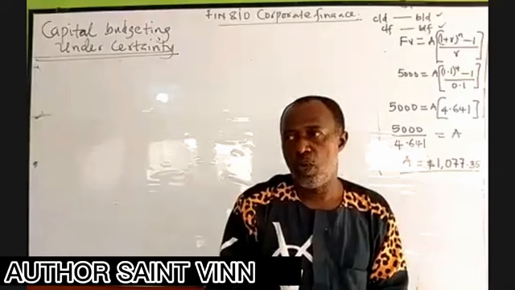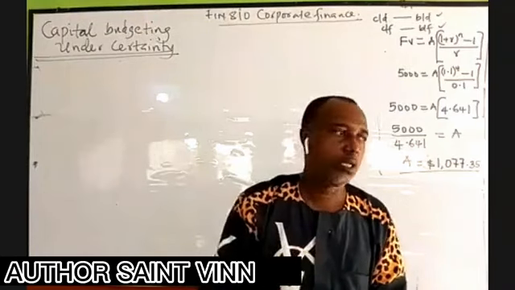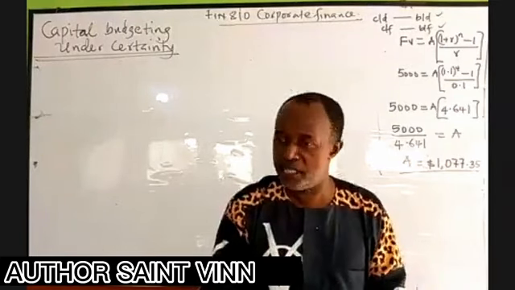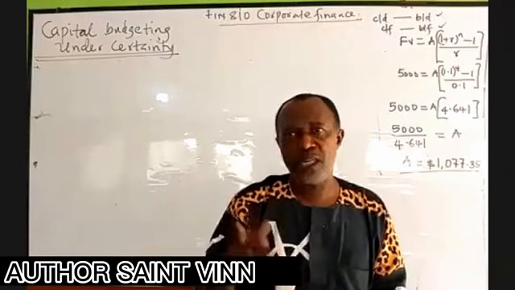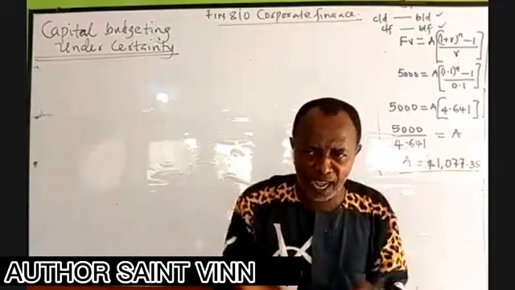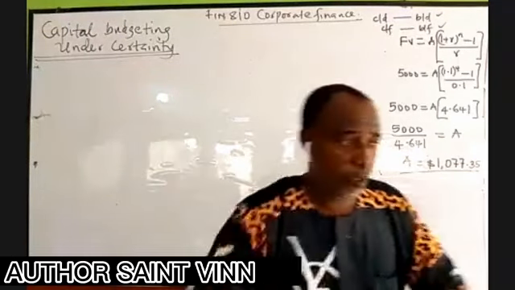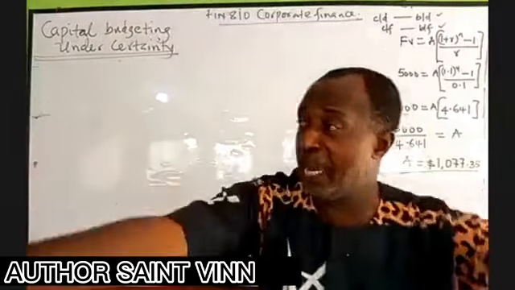Two, we have internal rate of return. Three, we have profitability index. There's also one we call the modified internal rate of return. But they may not put that out.